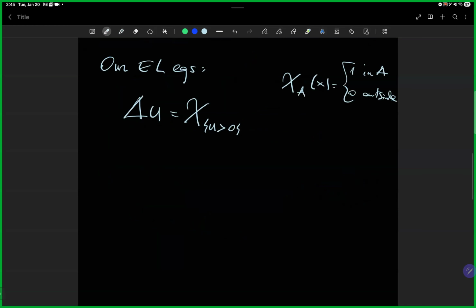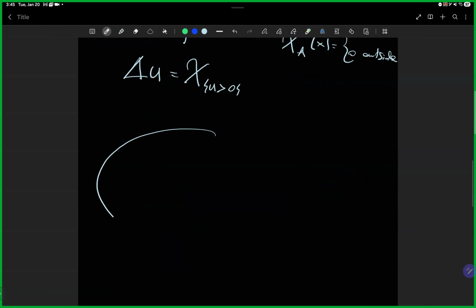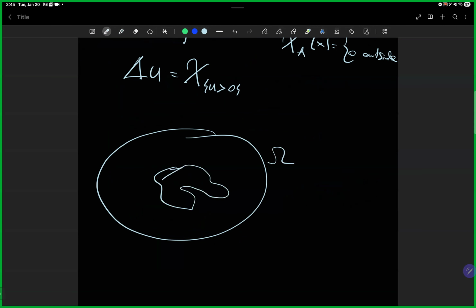So if I draw from the top the region, this is my omega, there will be some region here where u is identically 0. Here is where u is positive. And now in this region, Laplacian of u is 1. And then in this region, Laplacian of u is 0.